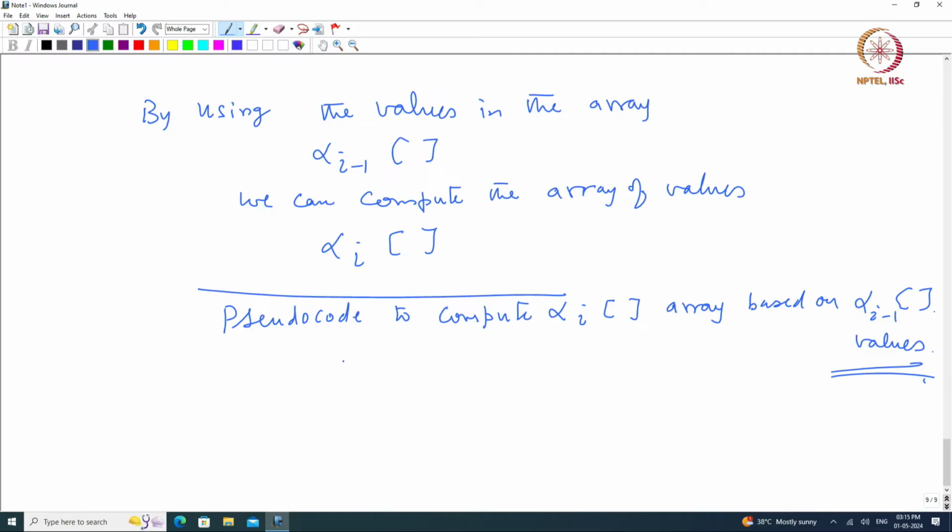First of all, I will set alpha i v equal to alpha i minus 1 v, because either it is this value or probably a smaller value. Remember, it is a hierarchy. So, the bigger set's minimum is either the minimum of the smaller set or it could become smaller. Let us see whether it is becoming smaller. Alpha i equal to alpha i minus 1, this is step 1 for all v.